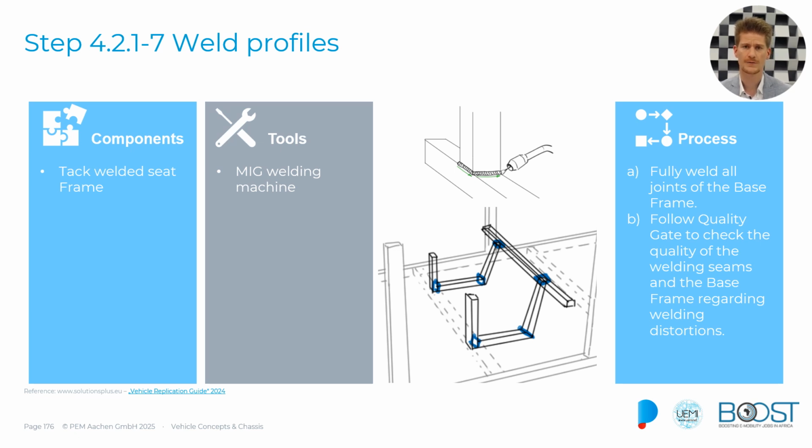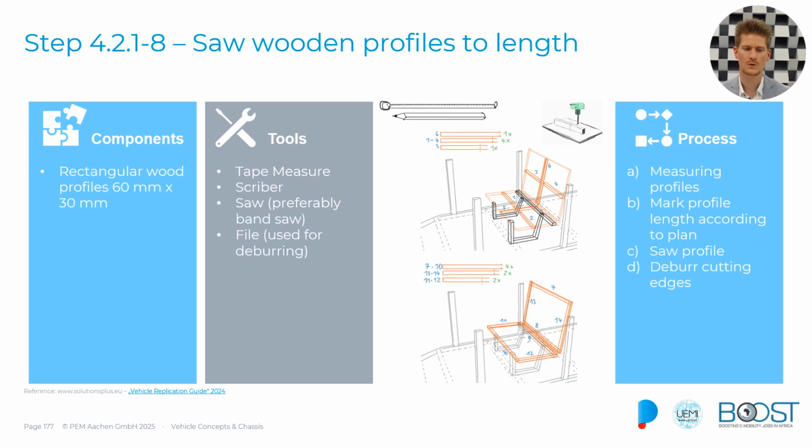Now, if you have that available, we will move on and work our way up into the seat area, and we will saw the wooden profiles to length that we would then need in order to build the structure of the seating bench where you're actually sitting.